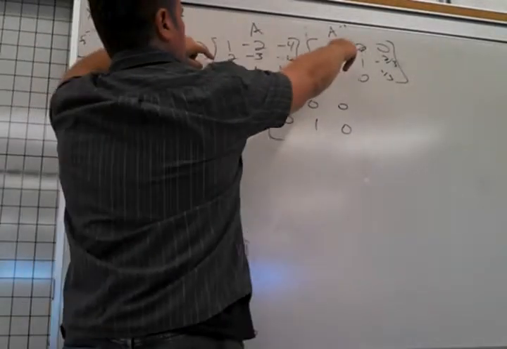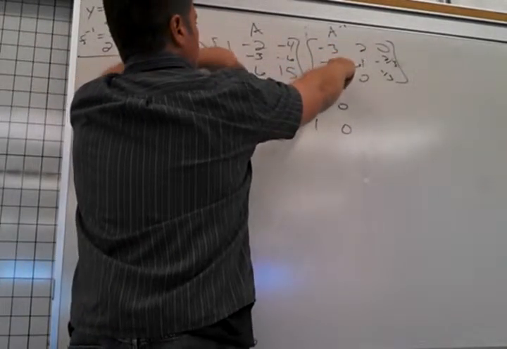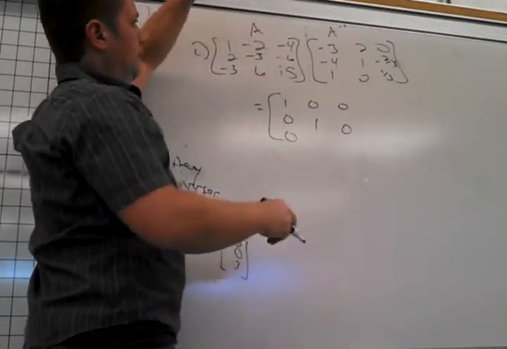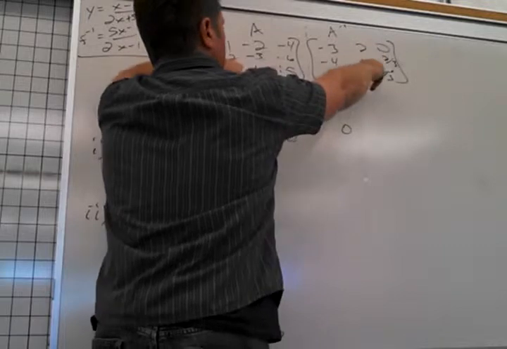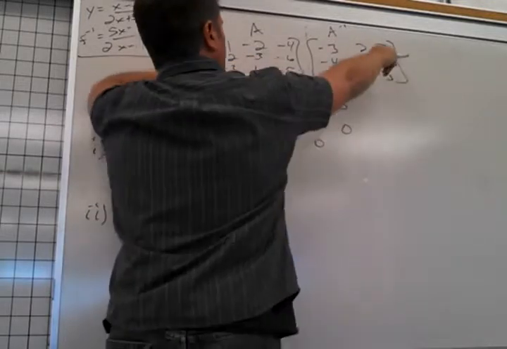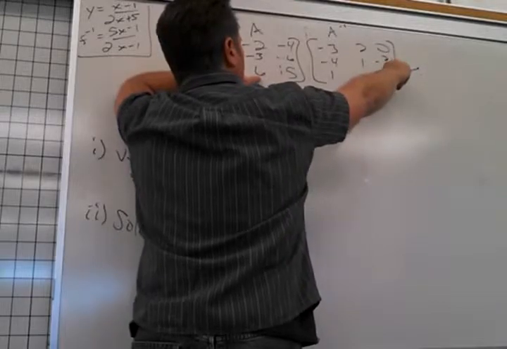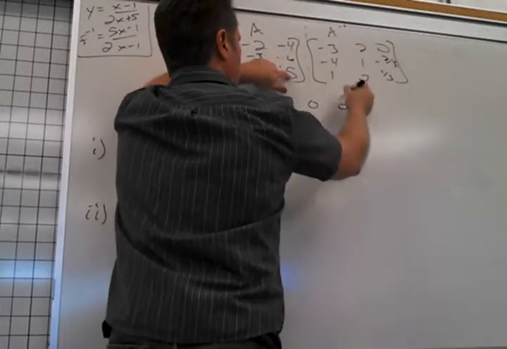Then 9 minus 24 is negative 15, plus 15 is 0. Negative 6 plus 6 is 0. And negative 4 plus 5 is 1.